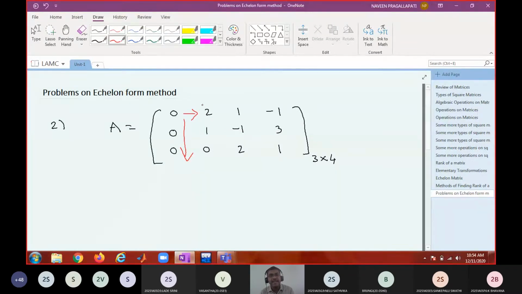And I also said, if possible, we'll try to put a non-zero entry in the pivot position. That means sometimes it may not be possible. And this is the case where it is not possible to put a non-zero entry in the pivot position using only row operations. In this method we can use only row operations, we cannot use column operations. That is what I am repeatedly telling. Is that clear?